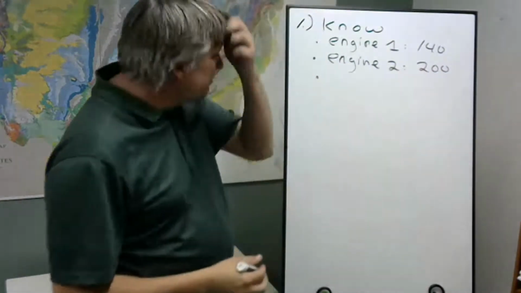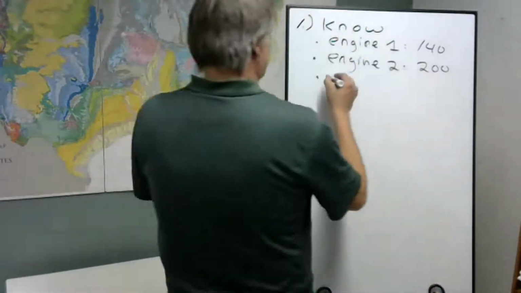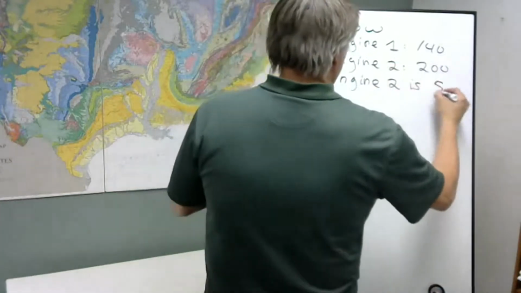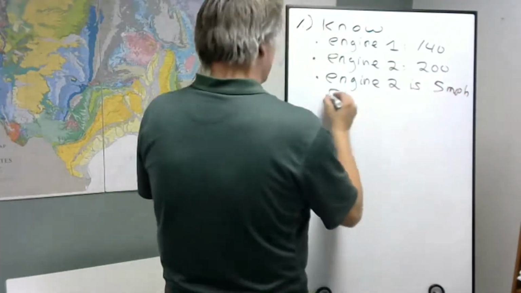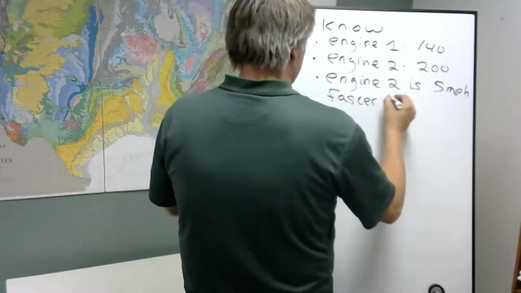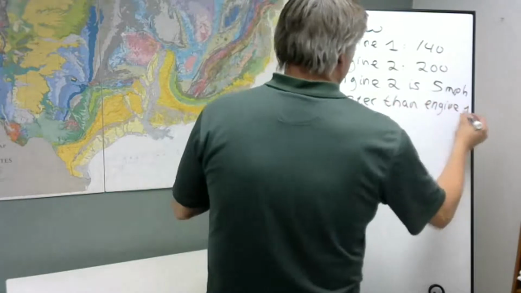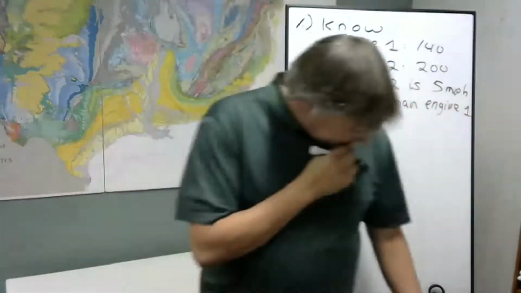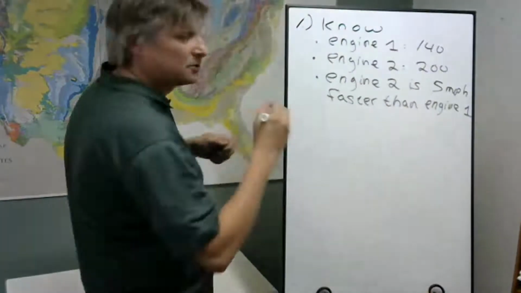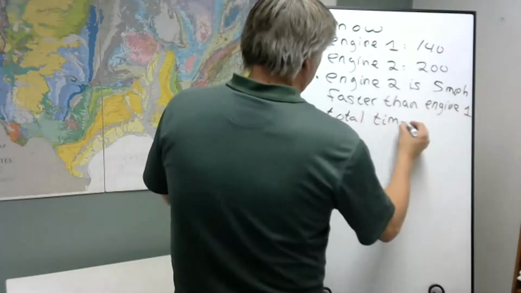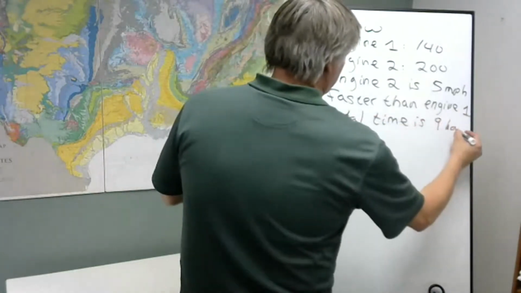Now we do know something about the rate for engine 2. We do know it's 5 miles per hour faster than engine 1. So we also know that the total time is 9 hours.